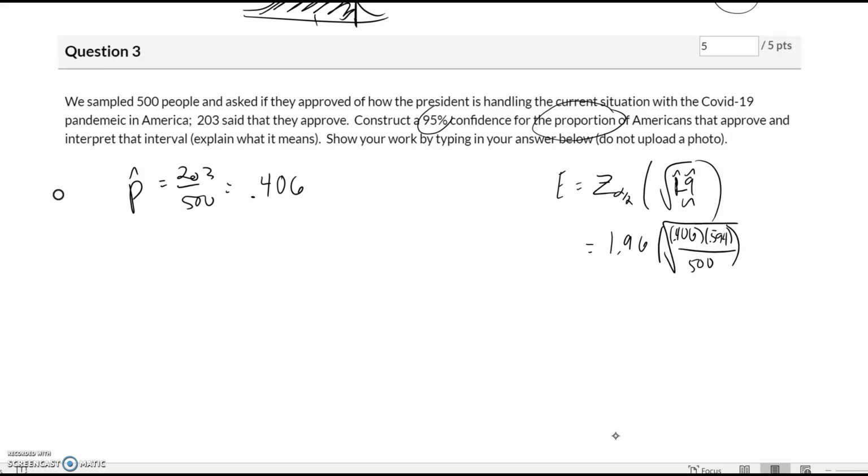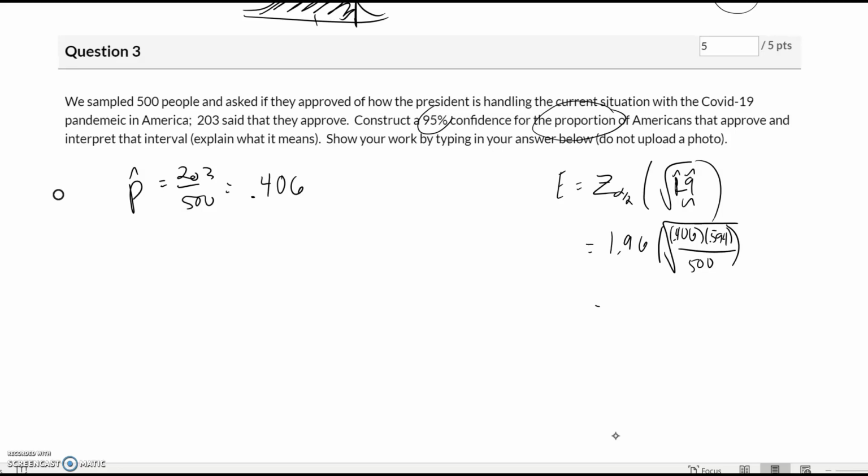So let's see what I'm going to add to this. I got 0.406 times 1 minus 0.406, which is 0.594, divided by 500. The square root of that, I get 0.021. I have to multiply that by 1.96 for my margin of error.